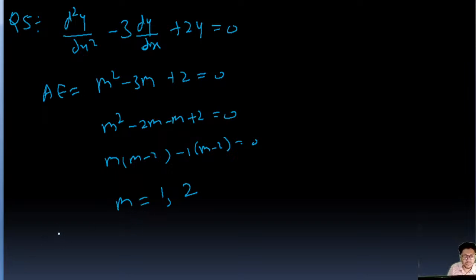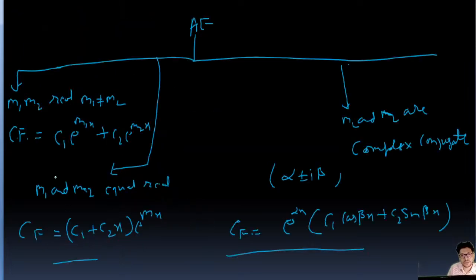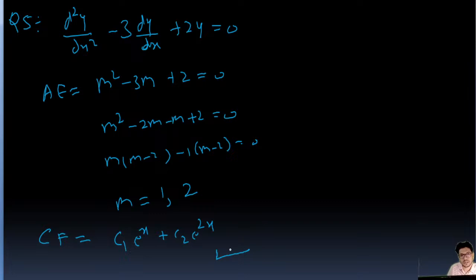So the complementary function, the solution of this equation, is C1 e to the power x plus C2 e to the power 2x. This is C1 e to the power m1x plus C2 e to the power m2x. So this is the answer.